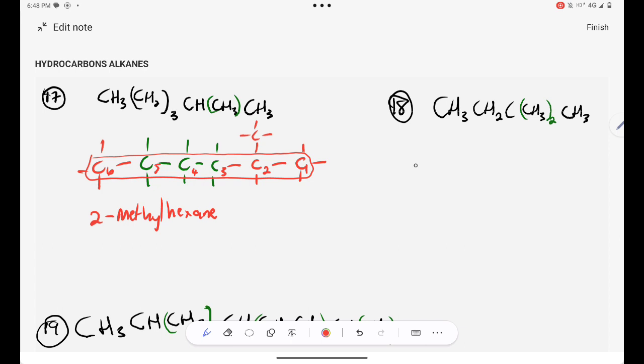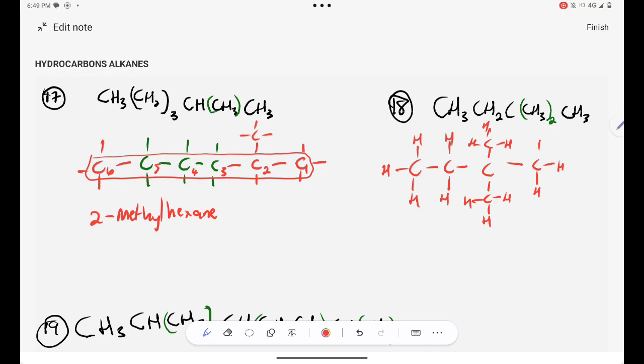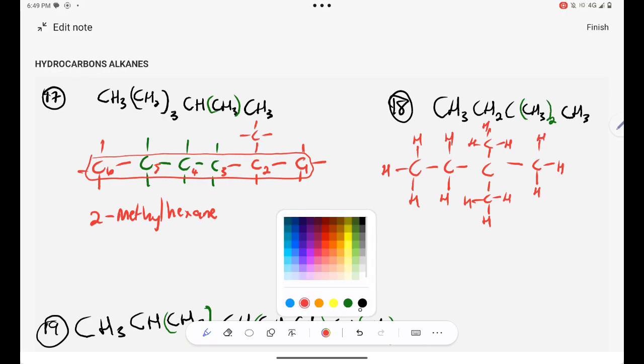Okay, and then over here I simply have CH3, CH2, and then this carbon has 2 CH3s, and then a CH3 there at the terminal. Write the hydrogens over there.